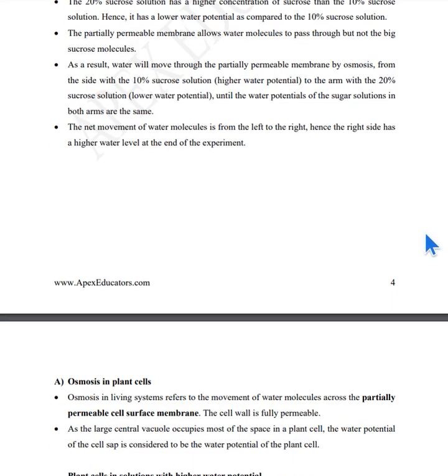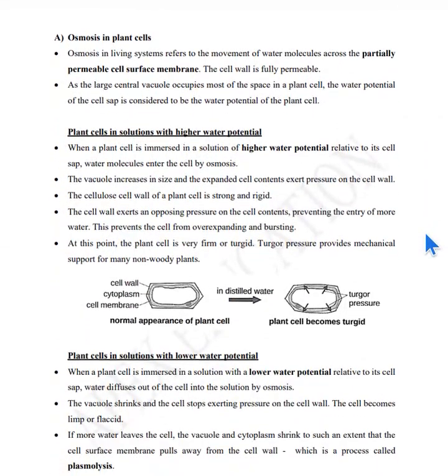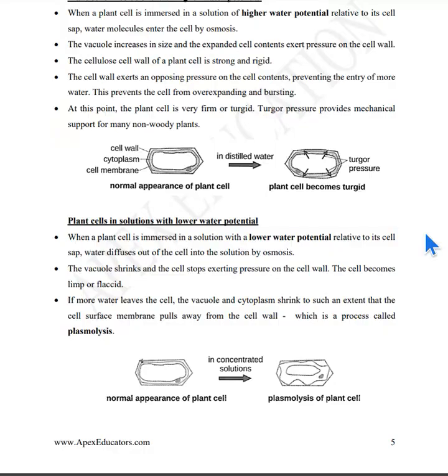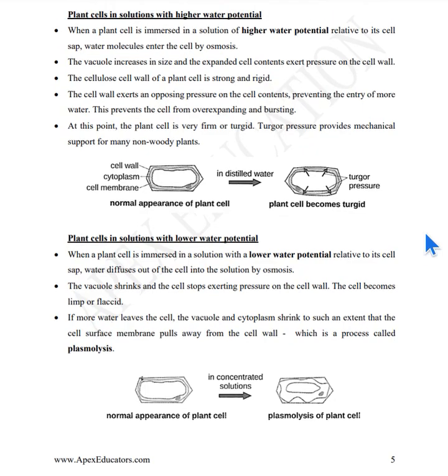For osmosis in plant cells, you need to tell me that the vacuole increases in size, and the expanded cell contents exert pressure on the cell wall. This is for higher water potential.